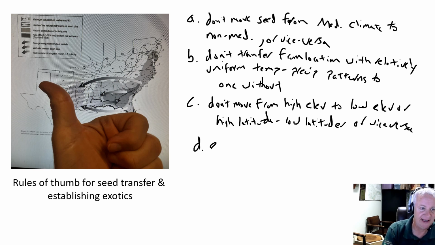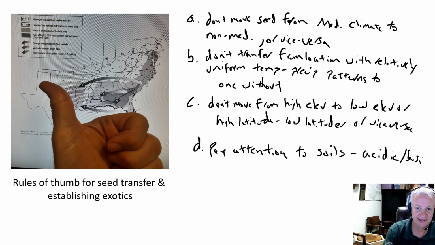Another one is pay attention to soil. Acidic, basic, for instance. Most pines are adapted to acidic soils. You really can't transfer them to basic soils necessarily, and vice versa.